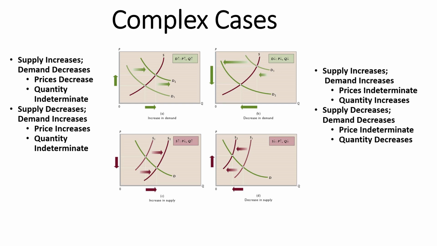Indeterminate is a fancy way of economists admitting there's not enough information to make a definitive judgment on either price or quantity. One of our two variables, we won't be certain what exactly happened to that variable. Remember, the entire purpose of market analysis is to determine what happened to equilibrium price and equilibrium quantity.